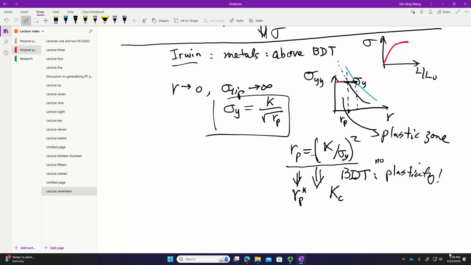The only structure you have to worry about in the case of elastomers is whether chains are breaking or not. So if chains of your network are not breaking, then where do I assign a plastic zone here? I can't, really. So let me get you the help we need.